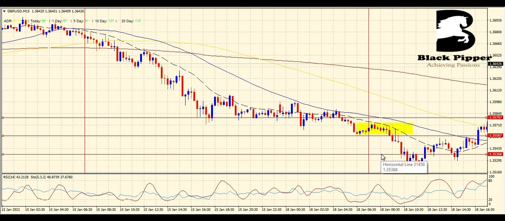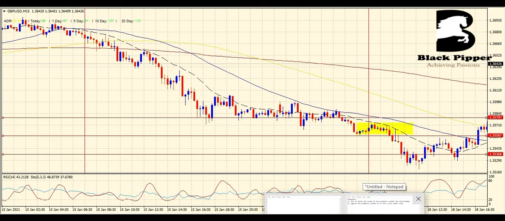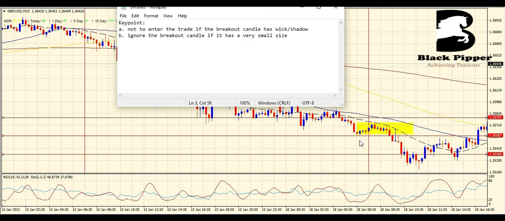The third point is that your entry would have high probability if the breakout candle has a wick or shadow on the opposite side.